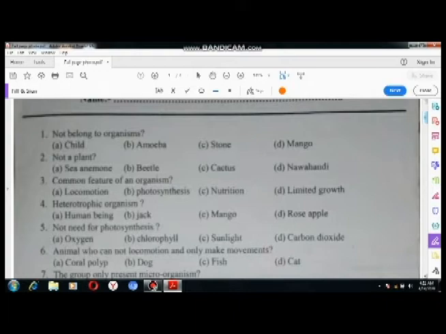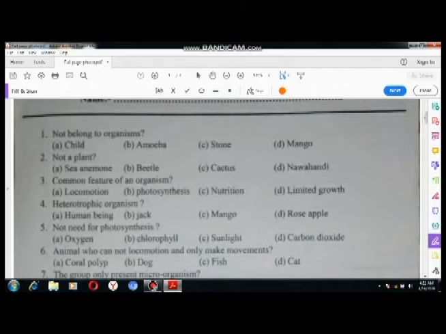The things that do not show growth are called non-living things. Child, amoeba, mango are the examples for living organisms. But stone is the example for non-living things.